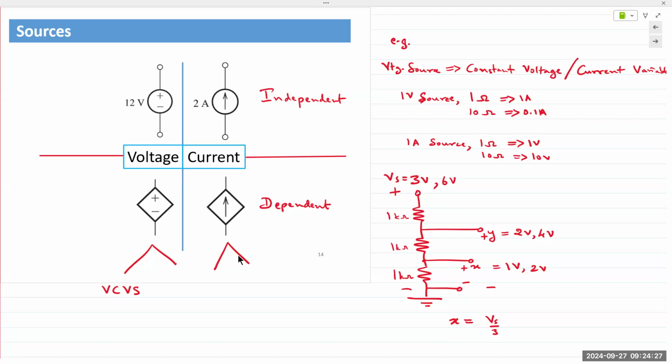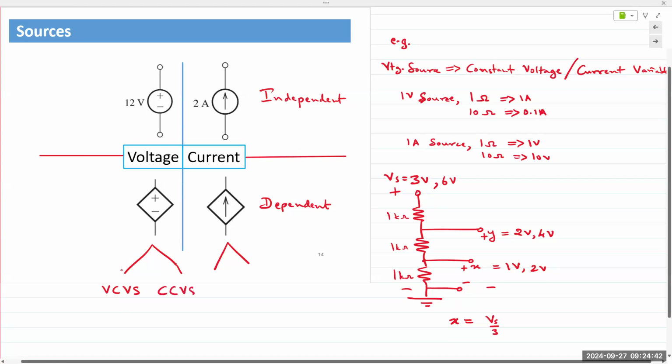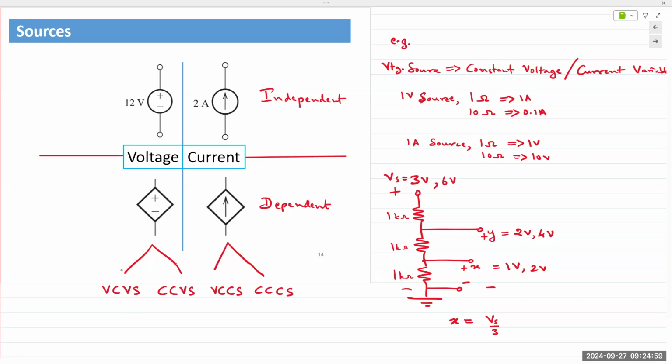So we would describe the first one as a voltage controlled voltage source or a current controlled voltage source. On the right, the current sources, we can write it as a voltage controlled current source or a current controlled current source. The first C is controlled, the second one is for current in all of them.